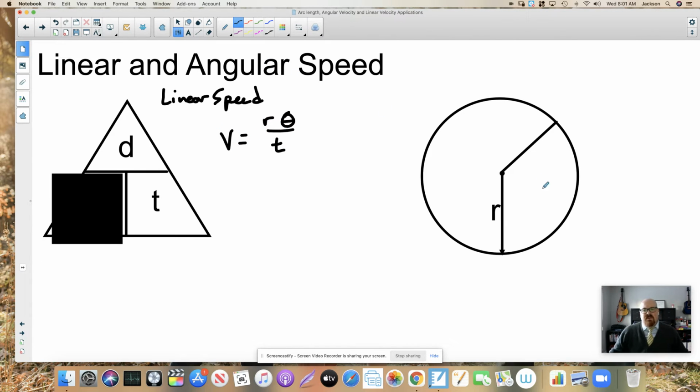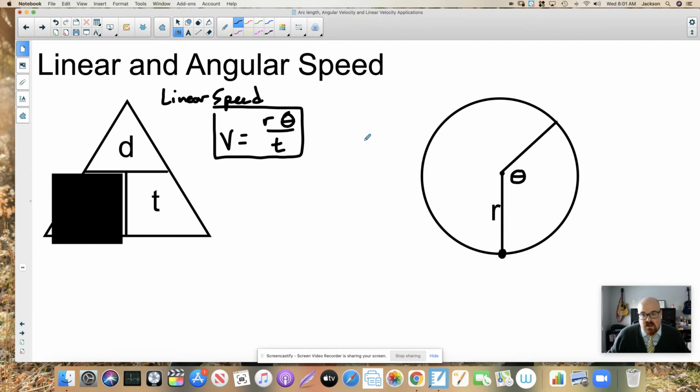Now, there's also this idea of angular speed, where an object rotates through a certain central angle, right? So such and such object is here, rotates through an angle of however many radians or degrees, and the radius of the circle is something. This is a formula that we'll be able to use to calculate the speed of the object.